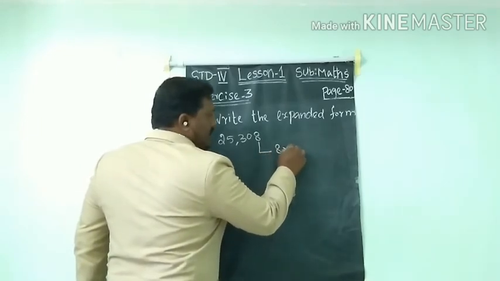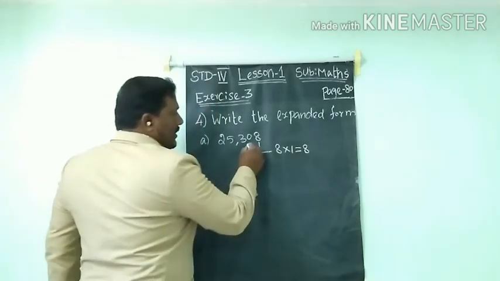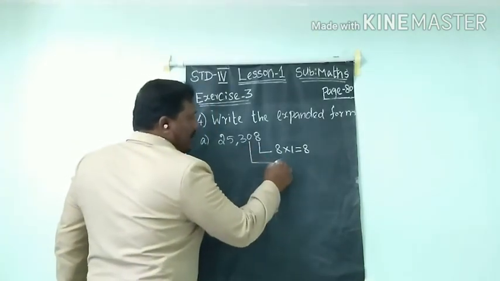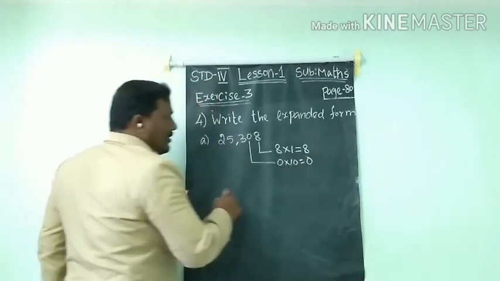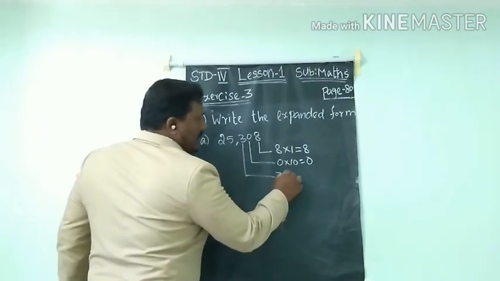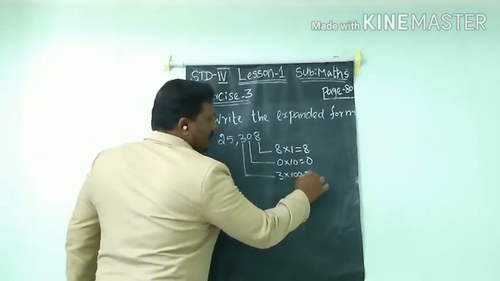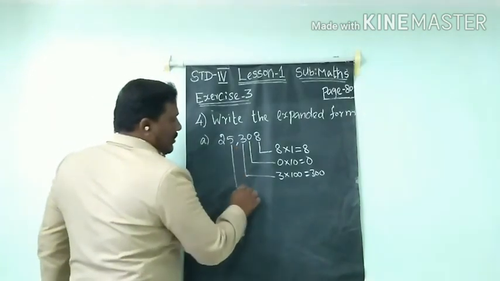So 8 into 1 is equal to 8. Okay, then it's the tens place. So 0 into 10, 0. Then hundreds place. Okay, so 3 into 100, 300. Then thousands place.